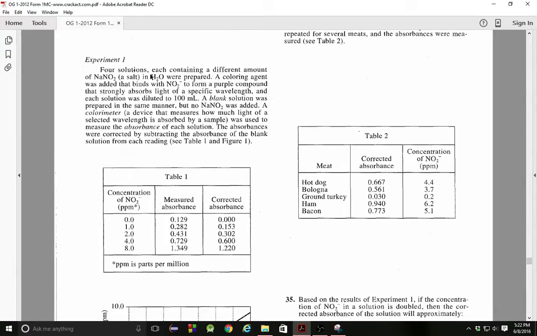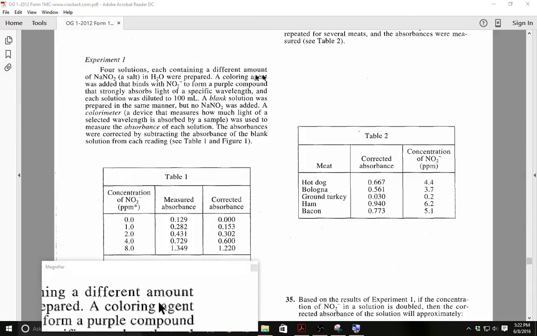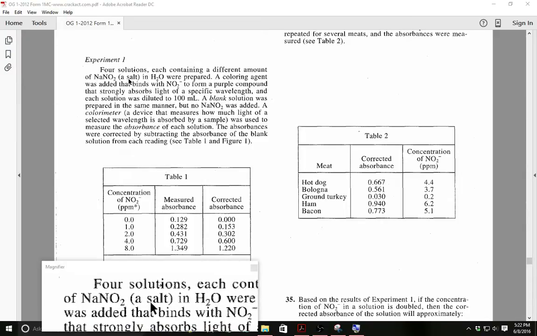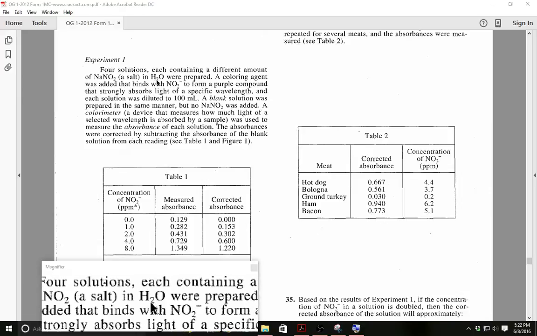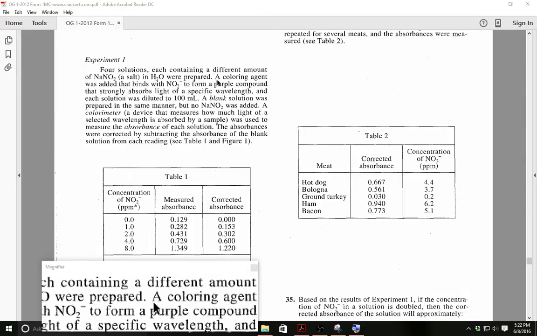Experiment 1. Four solutions, each containing a different amount of NaNO2, a salt, in water, were prepared.